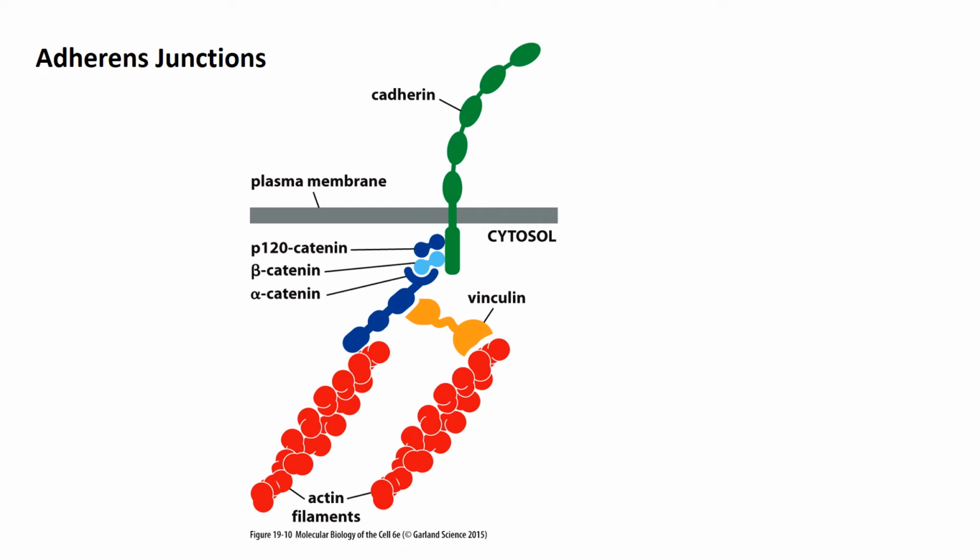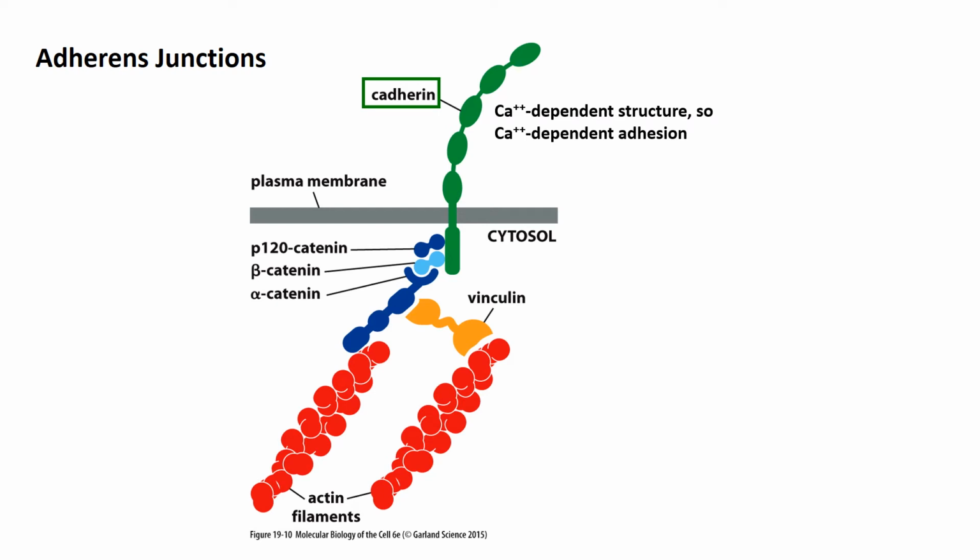One type of anchoring junction is an adherens junction. Adherens junctions depend upon the single-pass transmembrane cadherin proteins. Cadherin proteins are so named because their binding is calcium dependent.